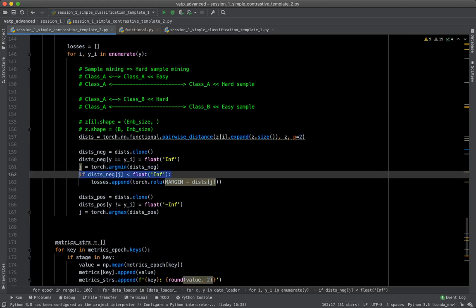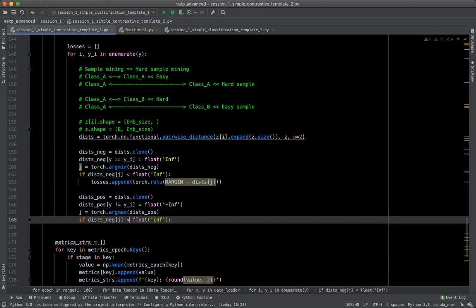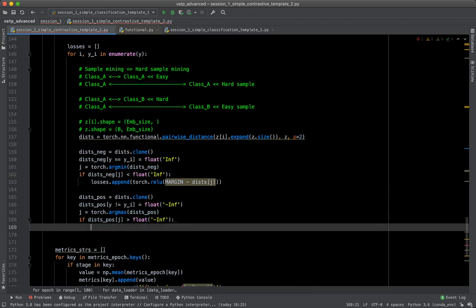And then if the positives is higher than minus infinity, that means that there are at least some samples from the same class. Okay, that's fine. So then I just want to have the distance as small as possible. This J, like that. Great, so this part is ready.